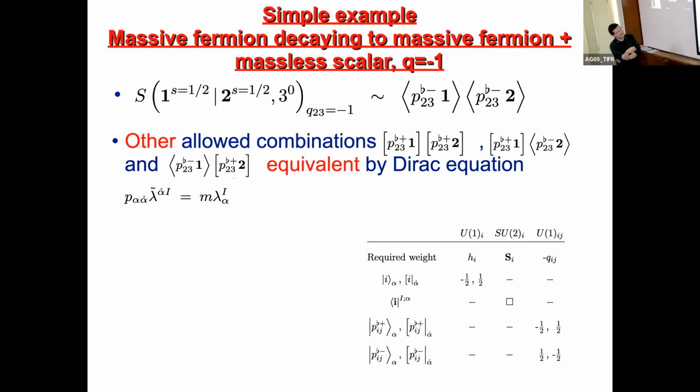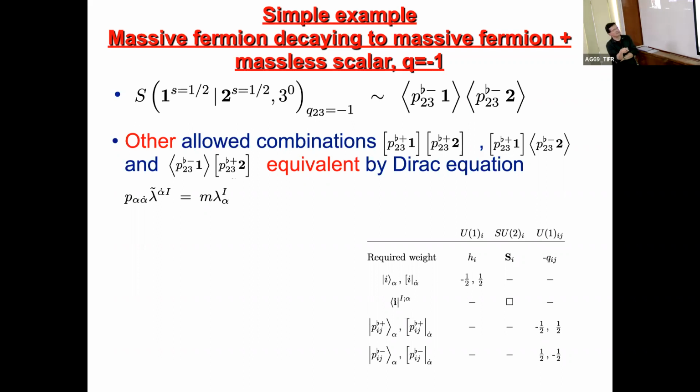So -1 is twice the minimum amount of Q. That means that you will have to use two of these pairwise helicity variables. And in addition, we have a fermion with spin 1/2, so we have to use one ordinary spinor-helicity variable for the initial state and one for the final spin 1/2 state.